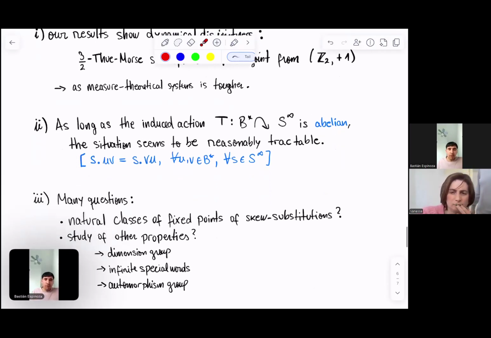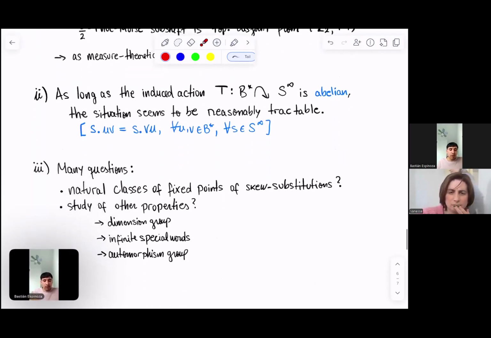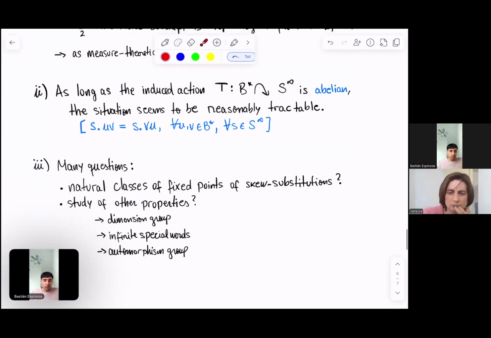And of course, the final thing that I would like to do is pose some questions. For the moment, I mentioned some classes of infinite words that can be described using fixed points of skew substitutions, the automatic words in a rational base, but it would be nice to have more examples, to see whether there is something else that we can look at here.